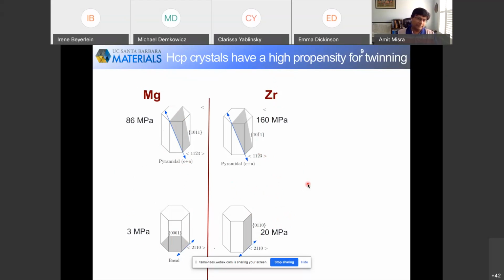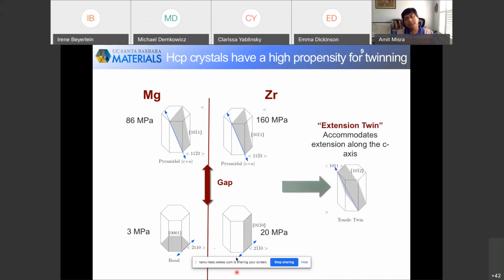Now, where twinning comes in is that when you have these large gaps, there's the possibility that an alternative deformation mechanism is invoked. Deformation twinning, for many reasons, has been shown to be an easier mode of deformation in these cases where slip to accommodate the C-axis is very hard.